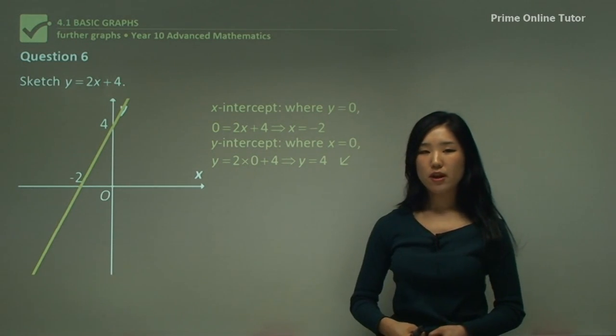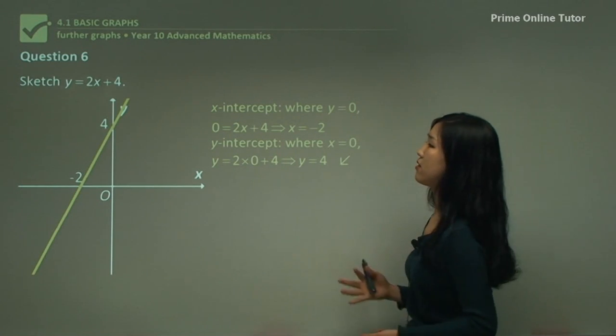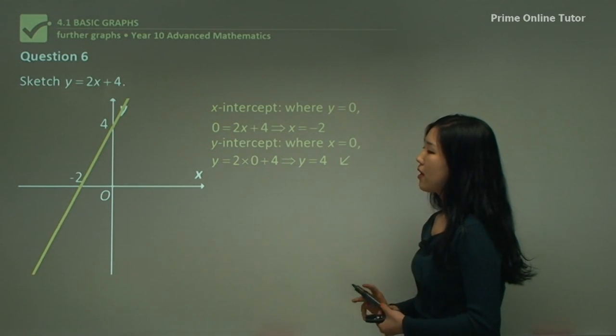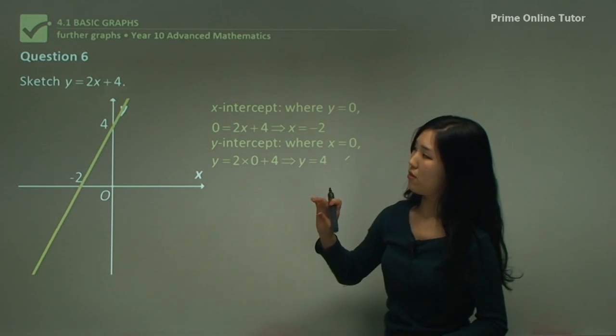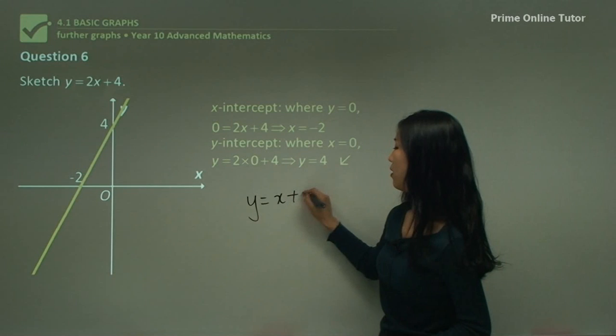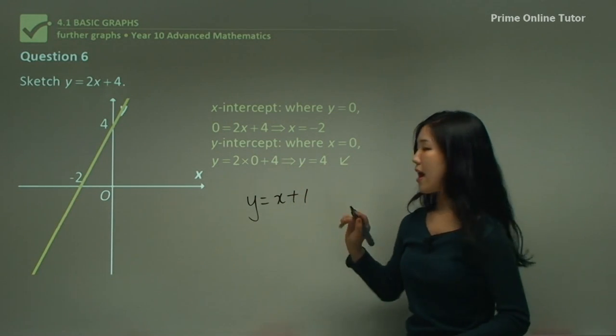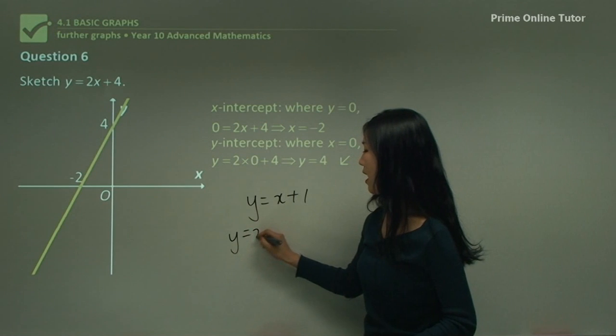And before I move on, guys, I want to explain something that's also very important and relevant to this topic. When we do x plus 1, let's say we did that in question 5, didn't we? Now, x plus 1 is simply y equals to x.